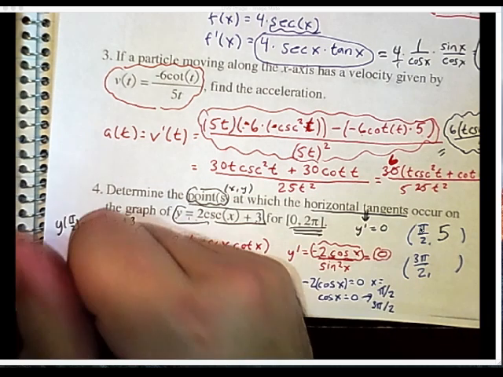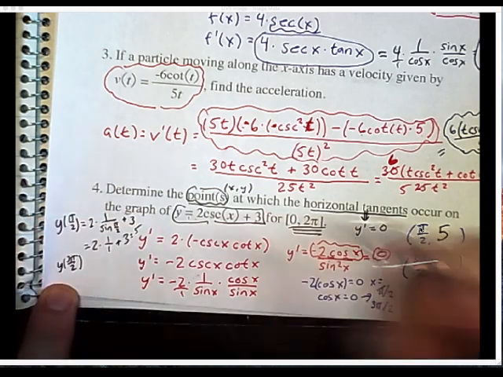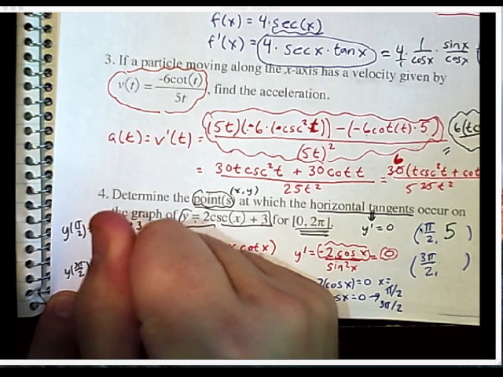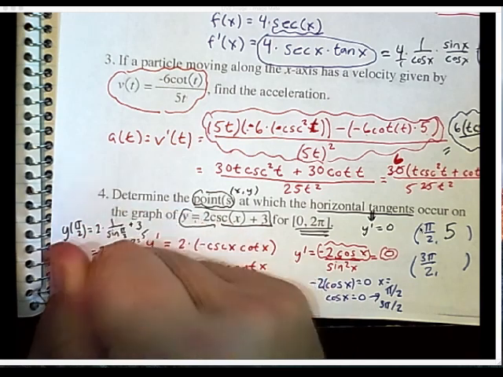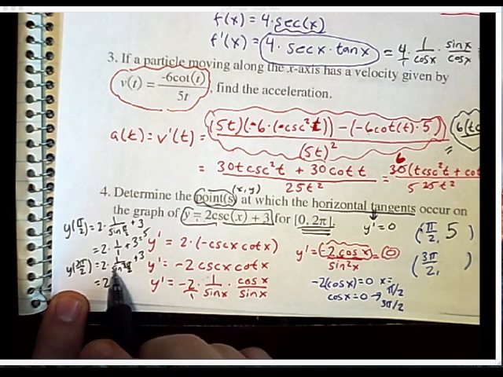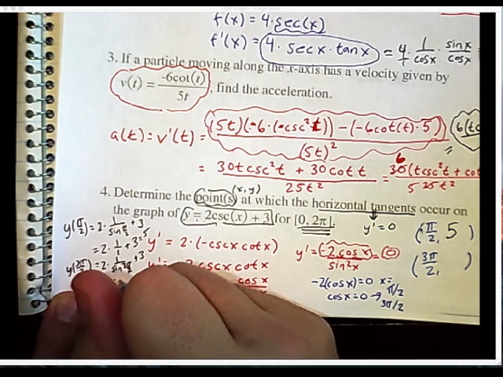And what about 3 pi over 2? It would be very, very similar. I'm going to do 2 times 1 over the sine of 3 pi over 2, then add 3. Sine of 3 pi over 2, that's like 270 degrees, and the sine of 270 is negative 1. 1 divided by negative 1 is negative 1.